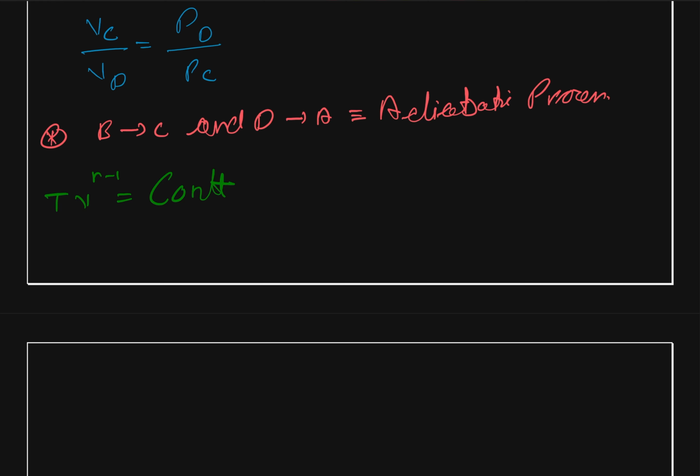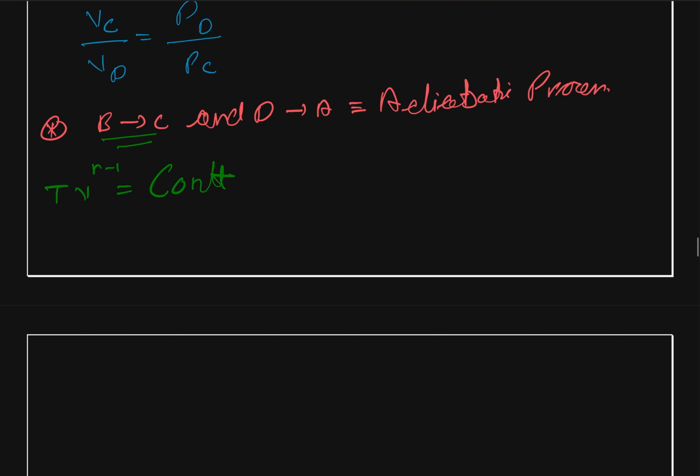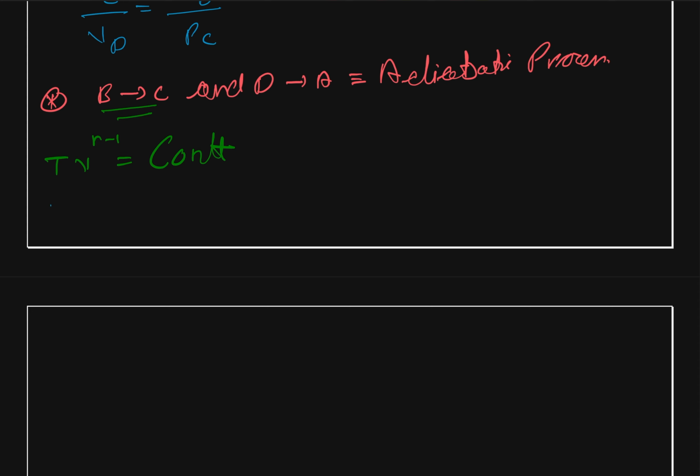Let's first of all consider BC. So we can say for BC, we can write this as temperature at B, volume at B, gamma minus 1 is equal to temperature at C, volume at C, gamma minus 1. And we know that the temperature at B is our T1 and temperature at C is our T2.